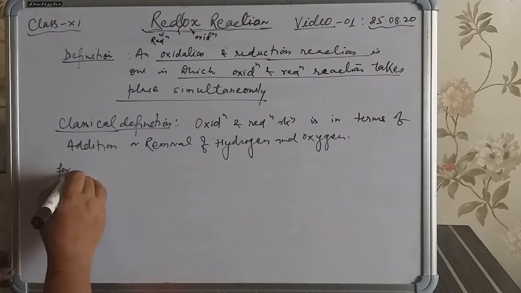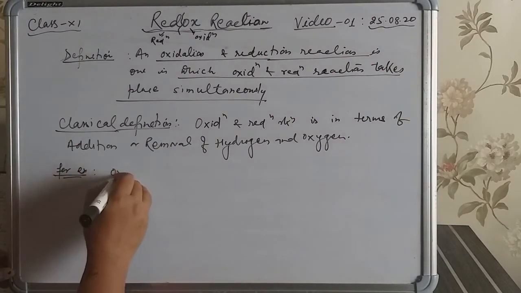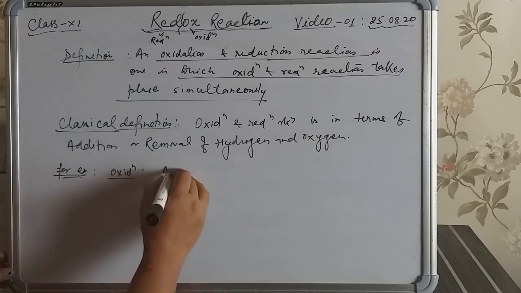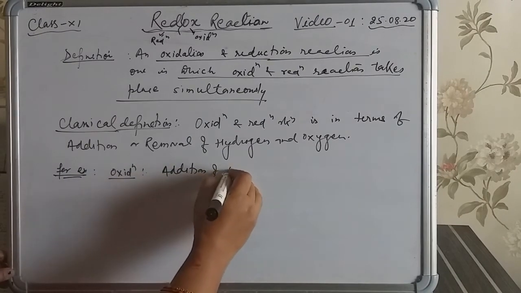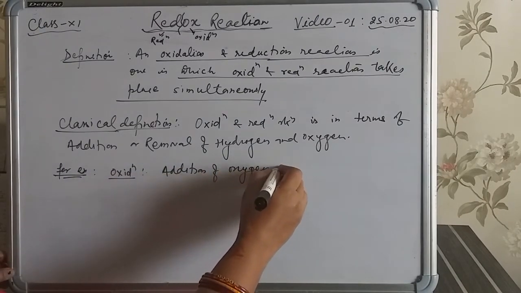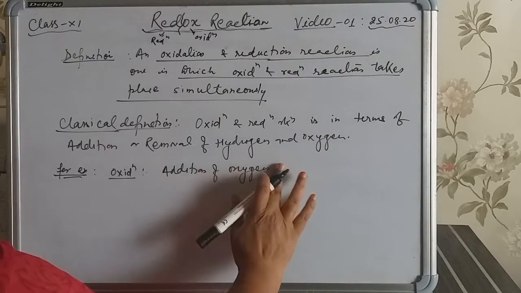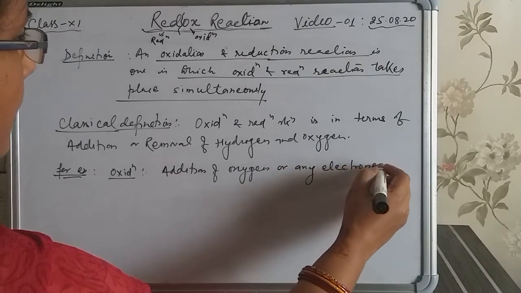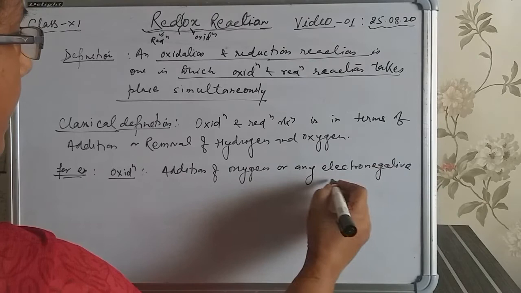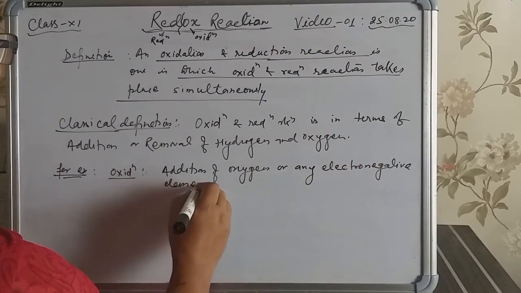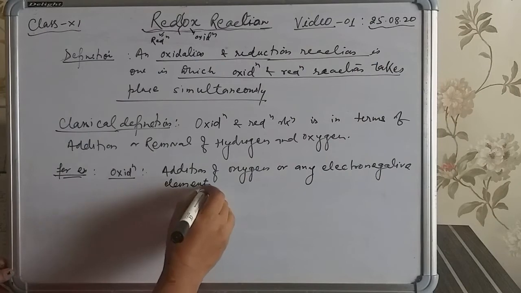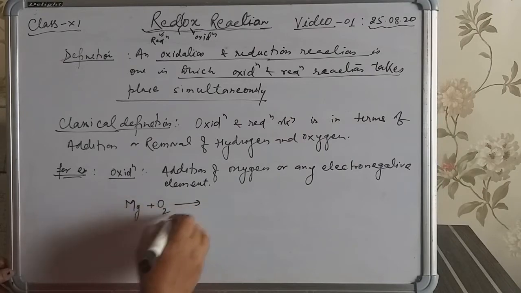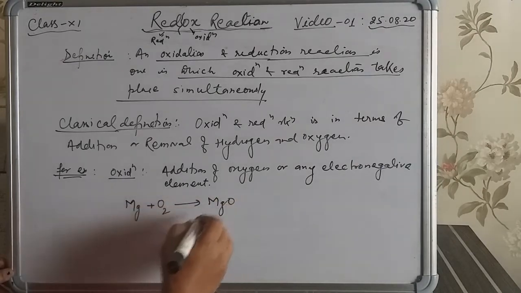For example, if we talk about what is oxidation by classical definition, simply we can say that addition of oxygen or any electronegative element. For example, magnesium plus oxygen, there is addition of oxygen takes place, so the formation of magnesium oxide.